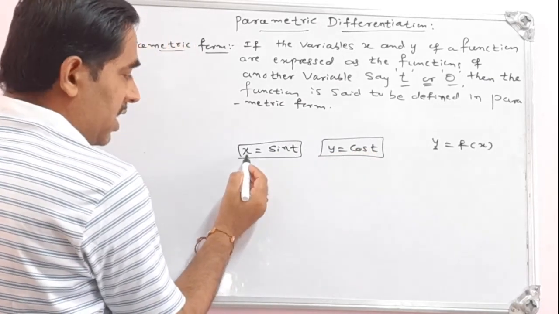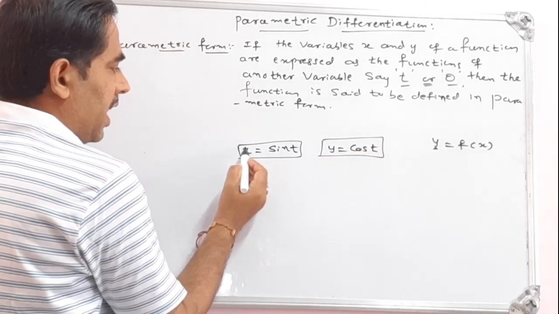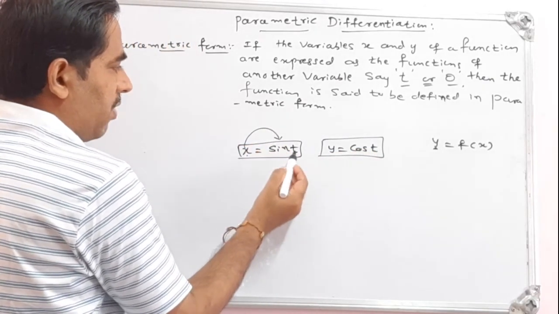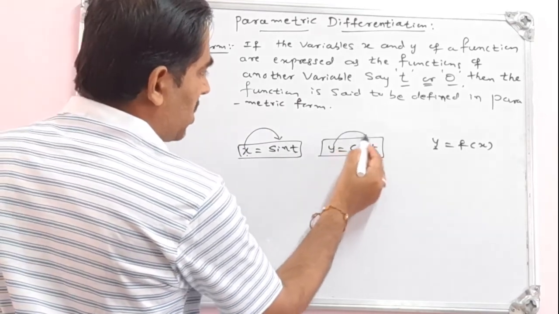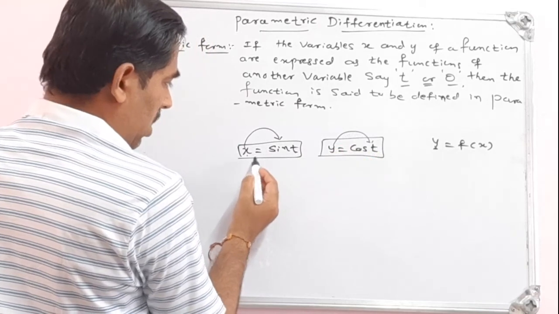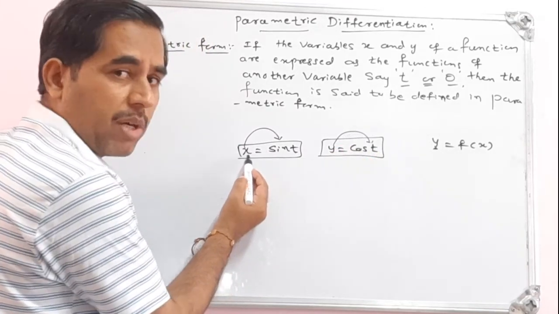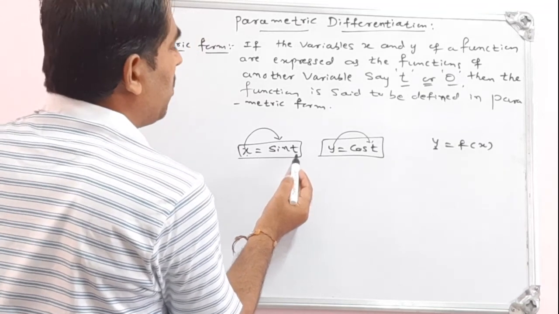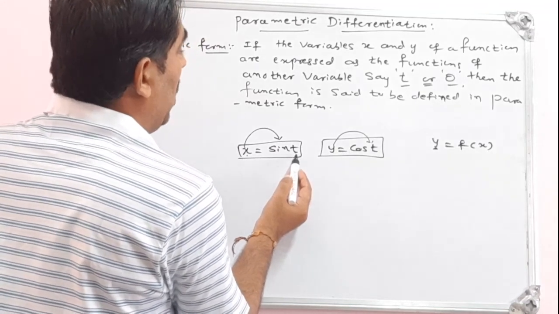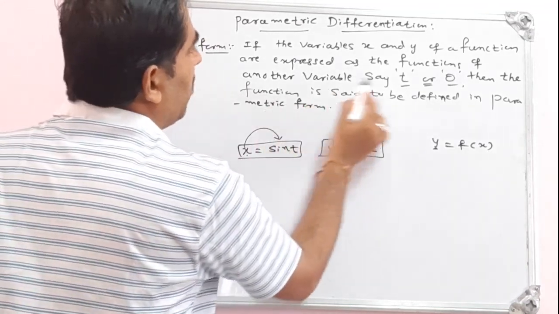Here x is expressed as a function of t, and y is expressed as a function of t. So the independent variable x is expressed in the form of another variable, say t or theta.